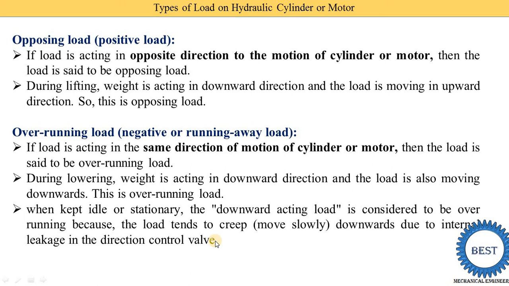Suppose we are lifting the weight and need to put these machines on a second floor, but due to some issue we hold the machines on the second floor. At that time the machine tries to move in a downward direction. Why? Due to the internal leakage in the directional control valves. So the downward acting load is also considered an overrunning load.